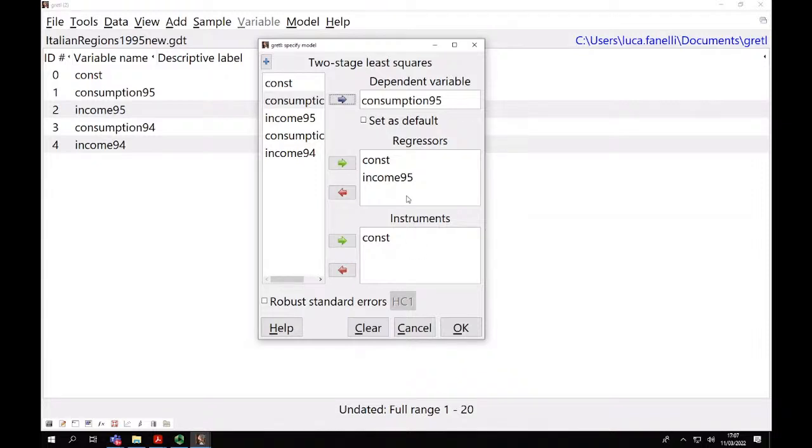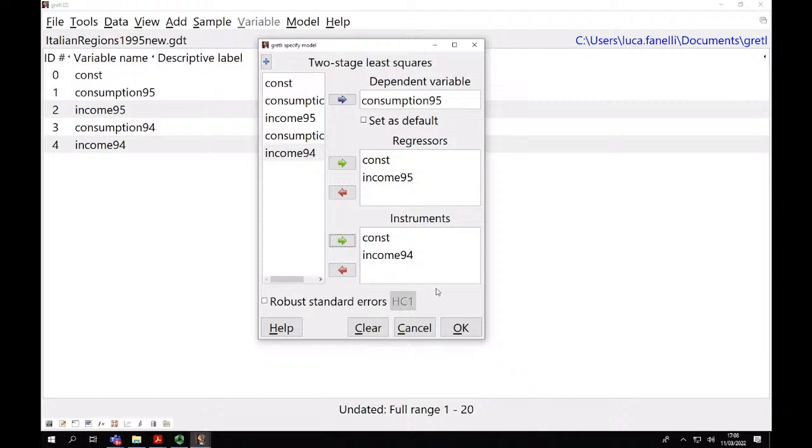That's why the estimator we get is called instrumental variable estimator. I want to instrument income in 95 with income 94, which is highly correlated. The advantage of this variable is that income 94 cannot be an endogenous regressor in the model for consumption in 95, for the causality issue we have been discussing.